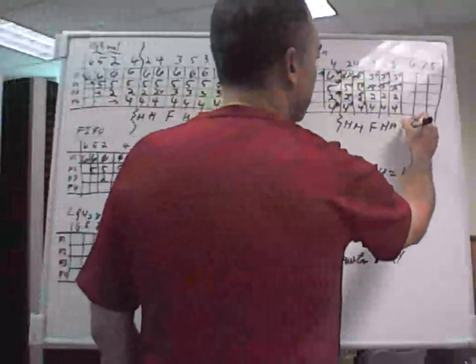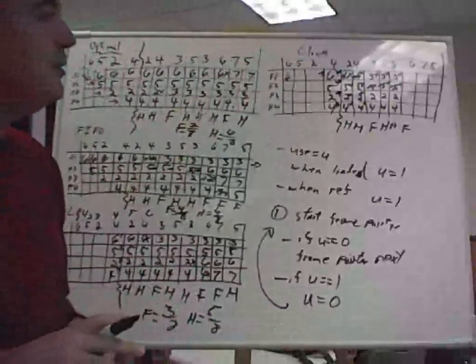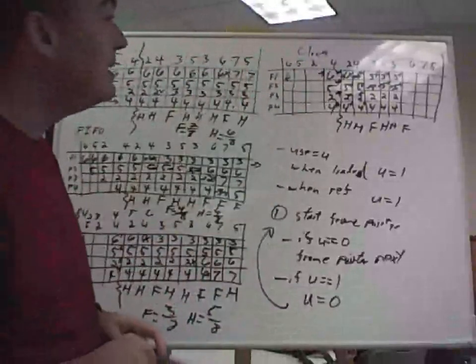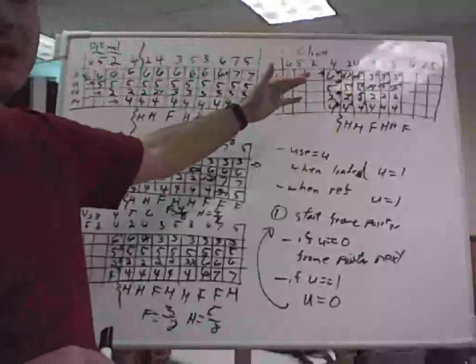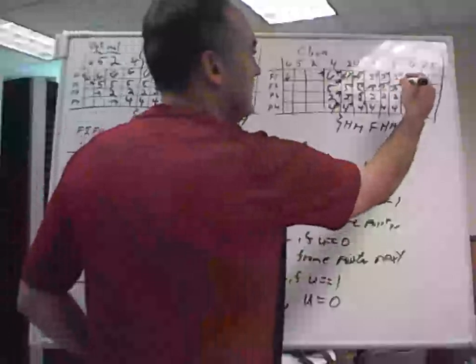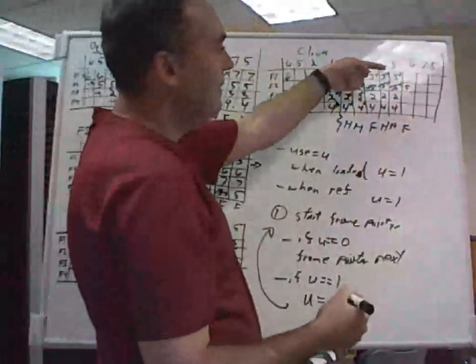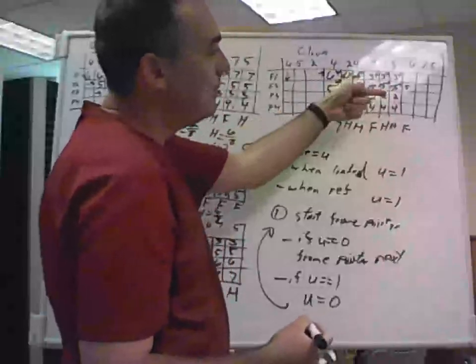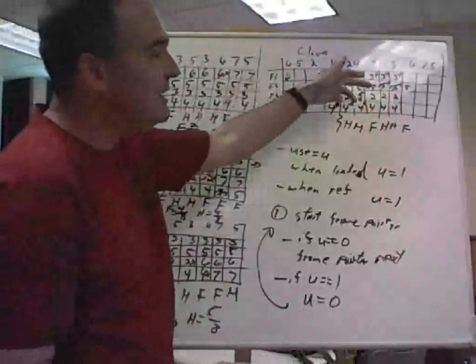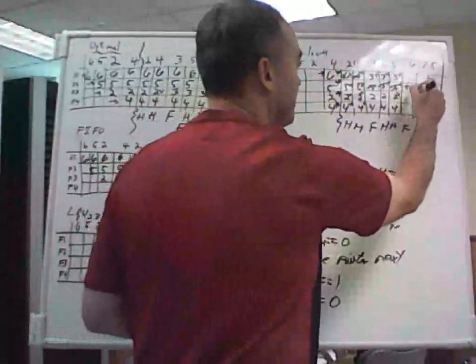Now we have a page fault, and this will be our first example where we're going to scan through and not scan all the way through memory. We're not going to replace page 5, we're just going to flip its use bit from 1 to 0. So 5's use bit becomes 0. But when we scan down now, we find that for frame 3, the use bit is 0, so we're going to select page 2 for replacement by page 6.